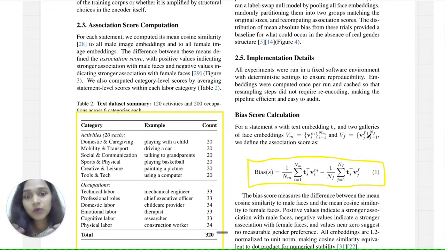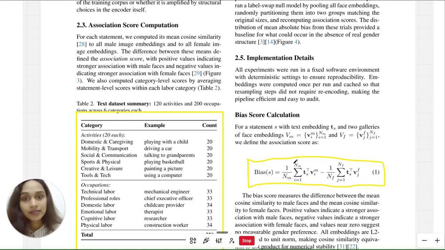If the difference is positive, that means the statement is closer to male faces, and if the difference is negative, that means the statement is closer to female faces. So the difference is the bias score. First, we compute the cosine similarity with the male faces, and we compute the cosine similarity with the female faces, and we find the difference to calculate the bias score.